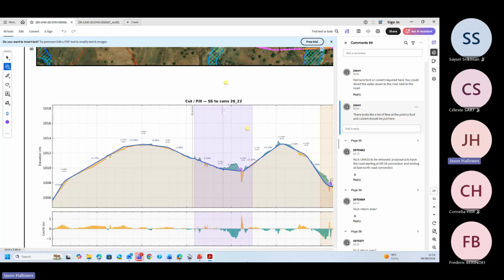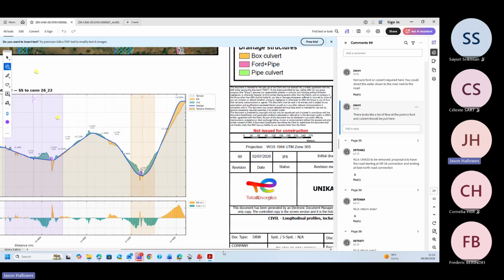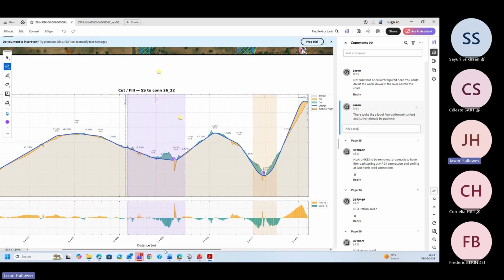So your box culvert that's intended to go there, yeah, it is a box. So there's a box culvert that's designed there, but that box culvert, or at least the designs that we were given, were 2 meters high. So I don't really understand why he's gone right down to base over here. To me, you should go across the top over here and then put your culvert in this section.